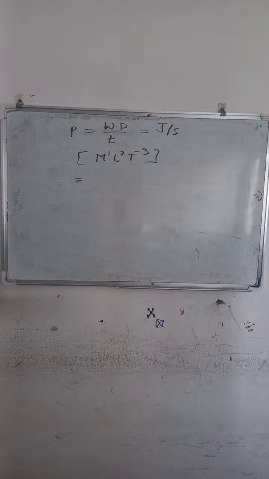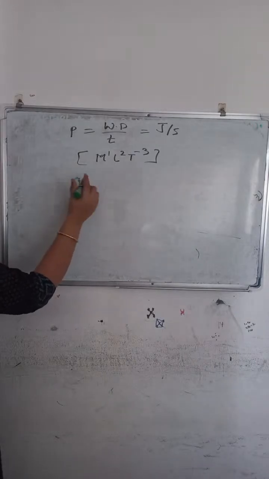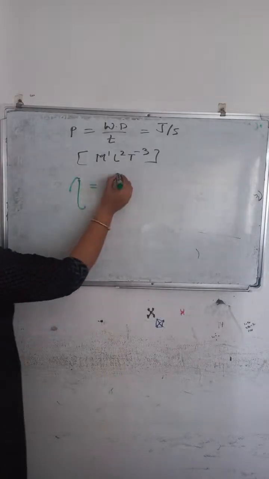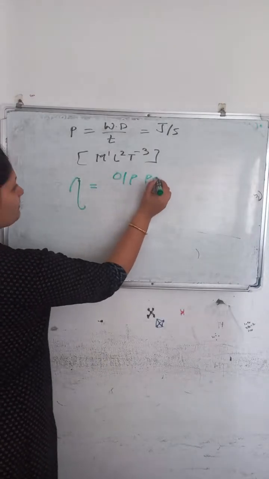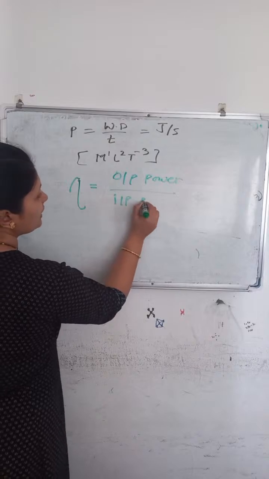Efficiency is denoted by the letter eta, and this is the ratio of output power to the input power.